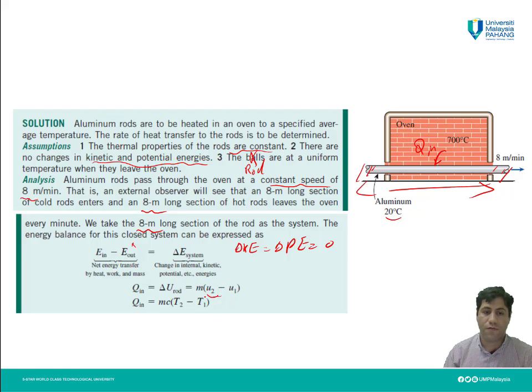And if you remember, this equation u2 minus u1 was equal to C times T2 minus T1.